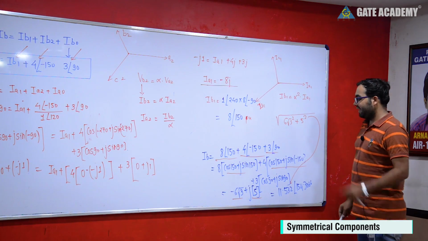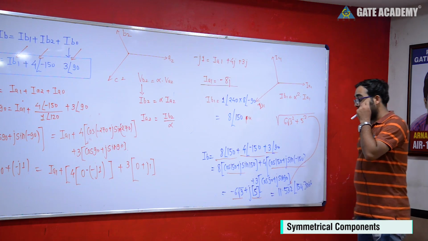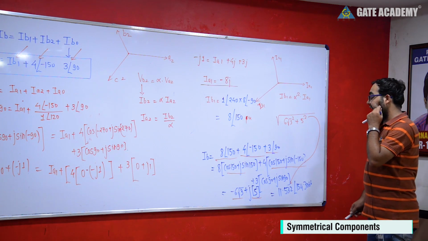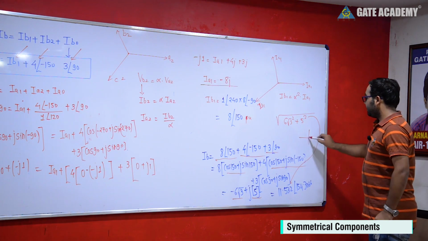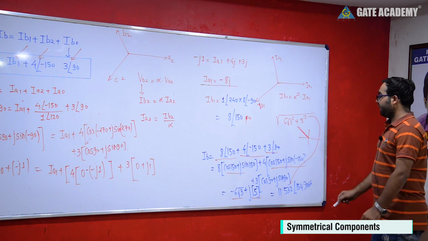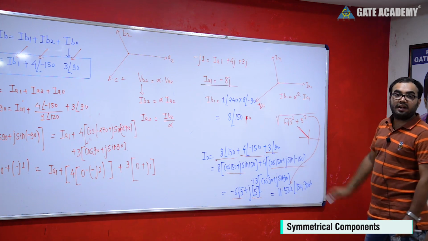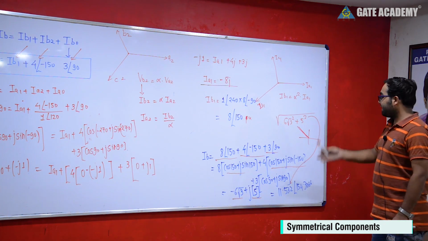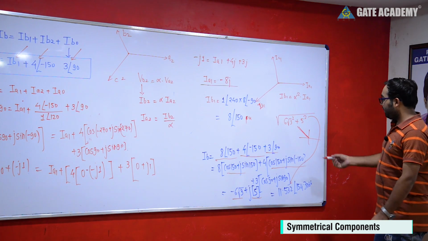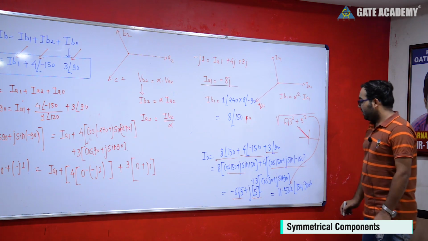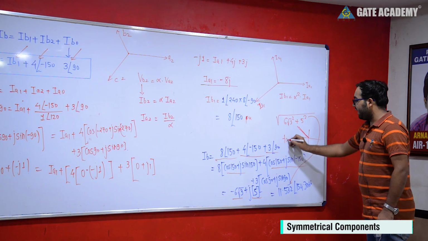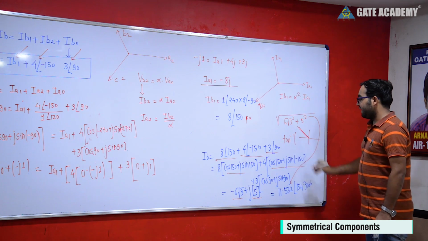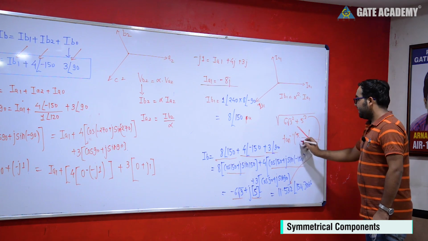The angle: you can see the real part is negative and the imaginary part is positive. So definitely the angle will be in the second quadrant, so the angle will be greater than 90 degrees and less than 180 degrees. If we try to find the value of the angle, it will be equal to tan inverse, imaginary is 5, real is 6 root 3.